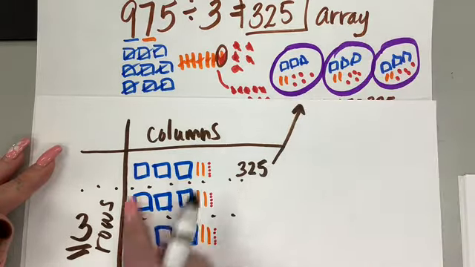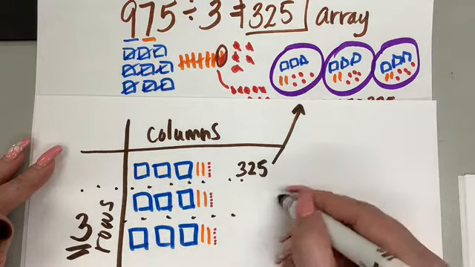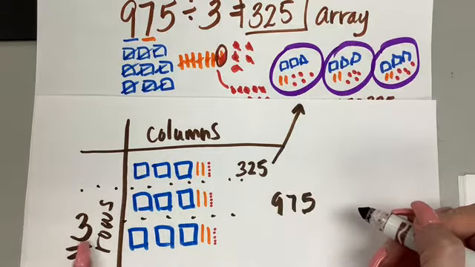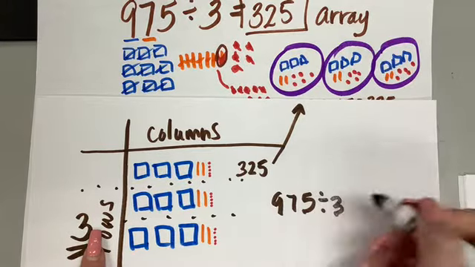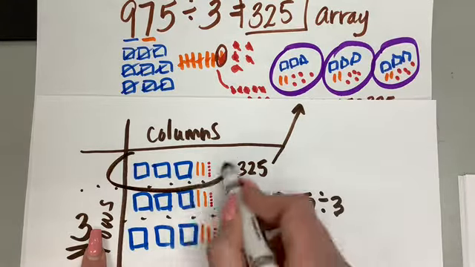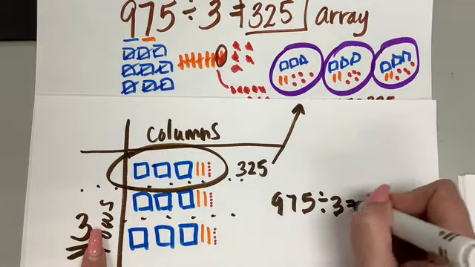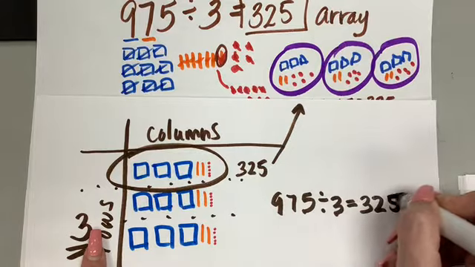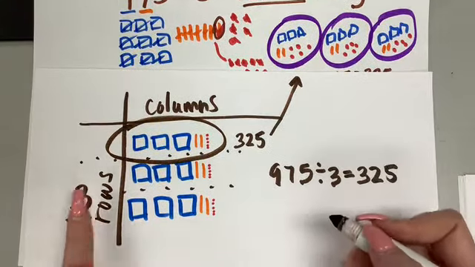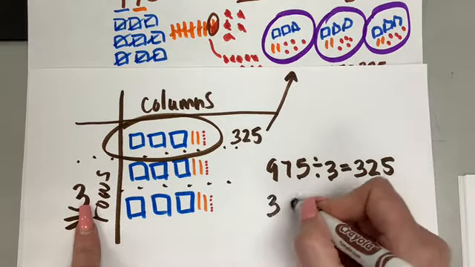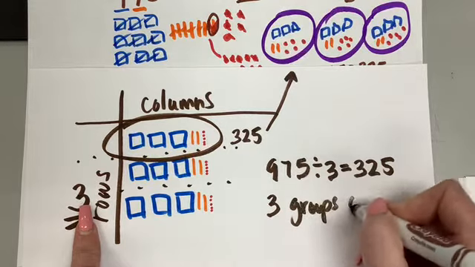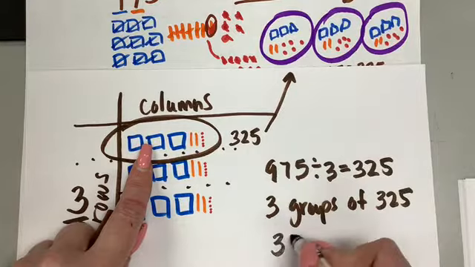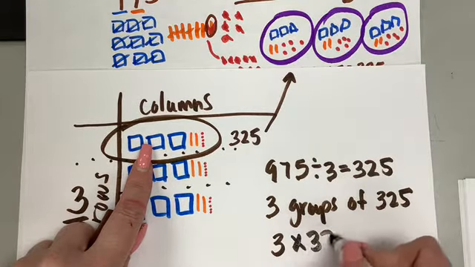And then all together right here, this is 975. And when we divided it by 3, we got 1 row, which was 325. Another way to read this is we have 3 groups of 325, or 3 times 325.